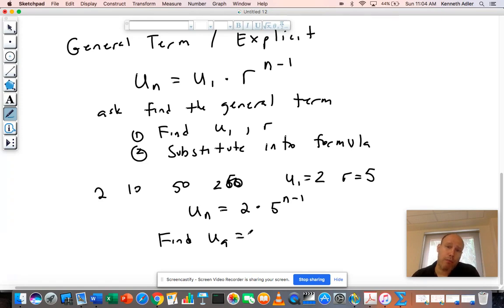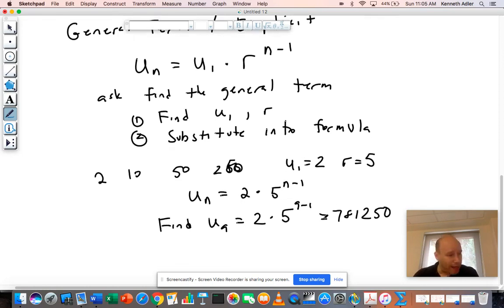You say, okay, I'm not going to multiply by 5 eight times. I'm just going to do 5 to the 9 minus 1. That's a really big number. Hey, Siri, what is 5 to the 8th power times 2? The answer is 781,250. That's the answer.